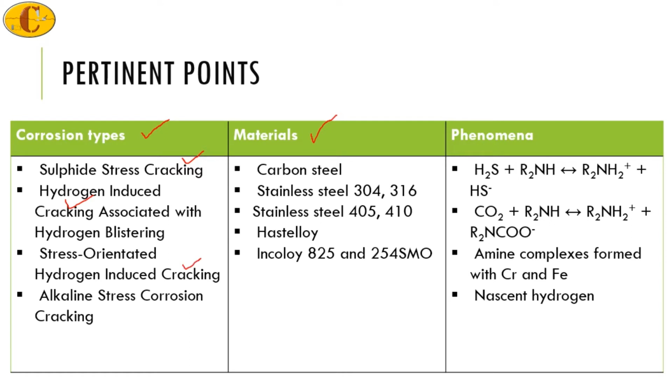Because you have the cracking occurring, the point is to have a material which is strong enough to resist that crack formation. Hence, that strength is then translated in terms of the tensile strength, yield strength, and the elongation, which means the mechanical properties.